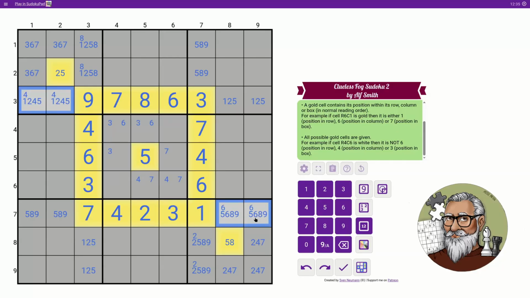I don't know if that matters. One of these is 5. Is it? Well, no, we could have 5 in these, right? Would that matter if one of these is 5?